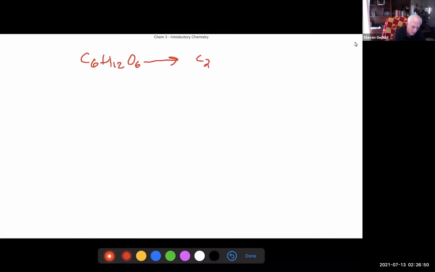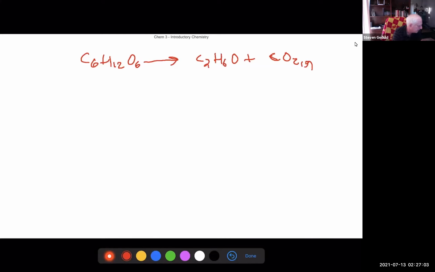Okay, so the fermentation process: glucose, C6H12O6, that's your sugar, is going to go to C2H6O, breaking down to alcohol and carbon dioxide gas. And this is what the question is telling you. What does it tell you here?